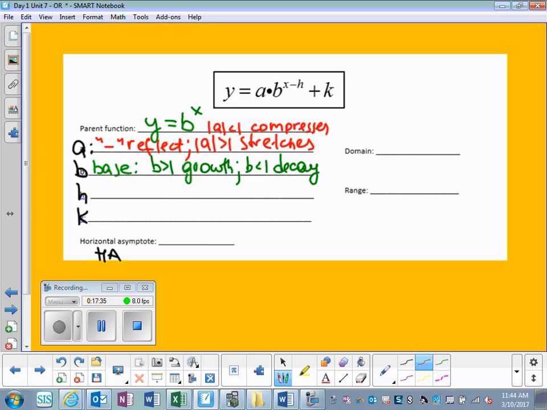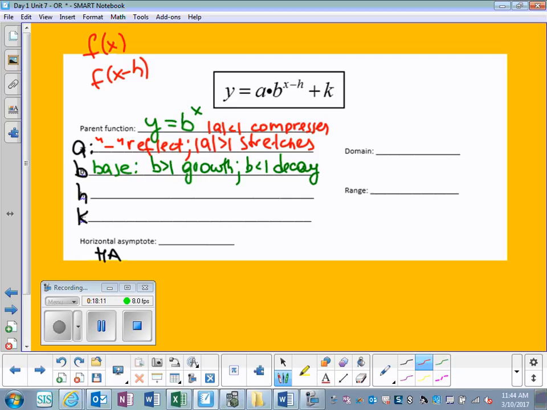So what about H? What does H do? Does it have to do with the exponent and what it does to the number? Remember, it doesn't matter what function. If I start with the function f of x, and then I change it to f of x minus h, how does this affect my graph?